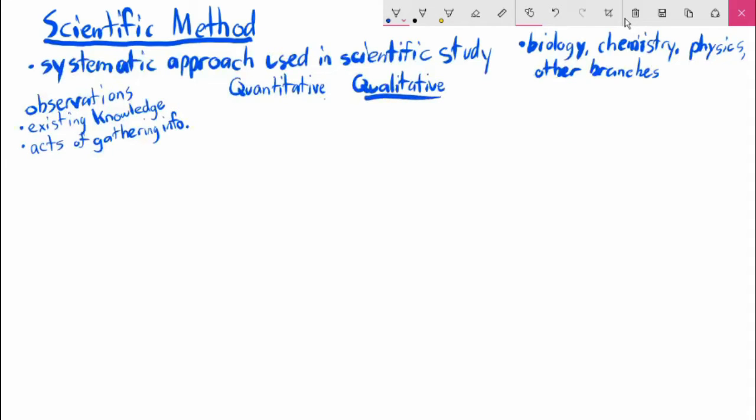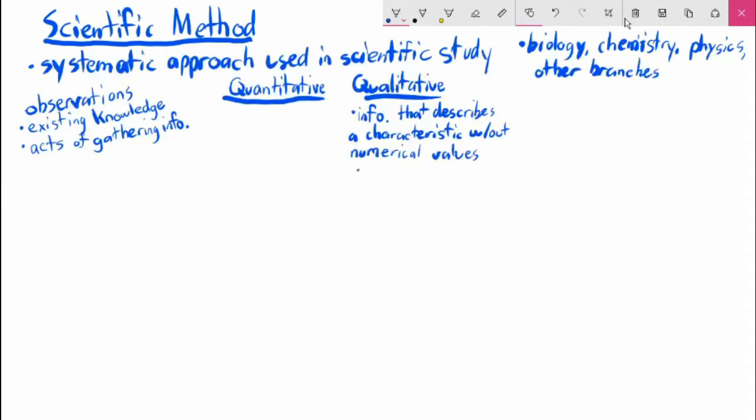So qualitative data is information that describes a characteristic without numerical values.